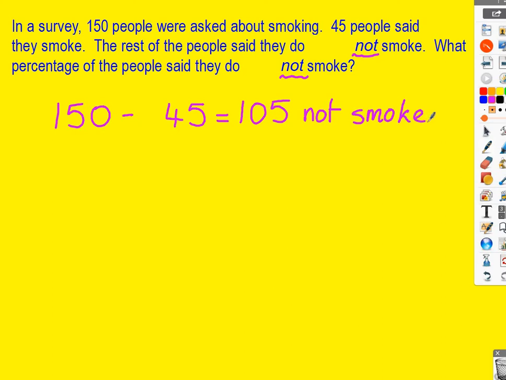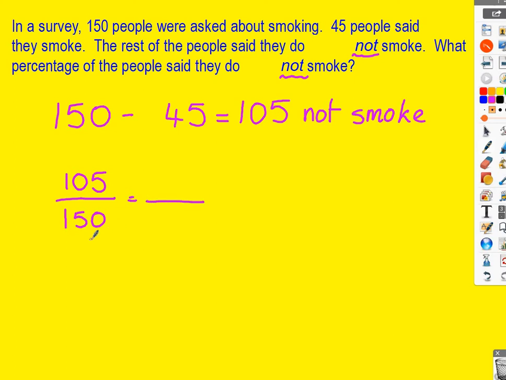Okay, 45 people said they smoke, the remaining people would not smoke. But we need to give this as a percentage, so we're going to have 105 out of the 150 people in the survey. Now equivalent fractions we can use to change this to a percentage.